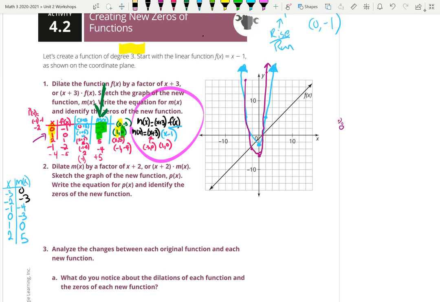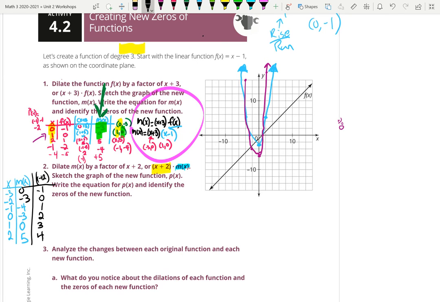So we have our original m of x, and now we need to multiply it by x plus 2. Well, what is x plus 2? It's -1, 0, 1, 2, 3, 4.